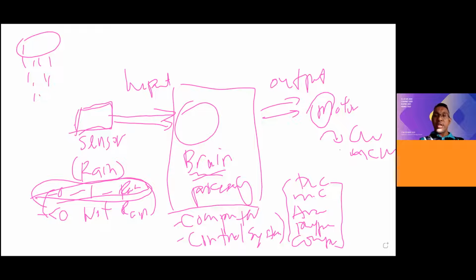The process is simple like that: from the sensor you make condition number 1 and number 2. Number 1 is raining, number 2 is not raining. When number 1 begins, the motor will rotate clockwise. When the signal is number 2, not raining, the motor will rotate anti-clockwise.